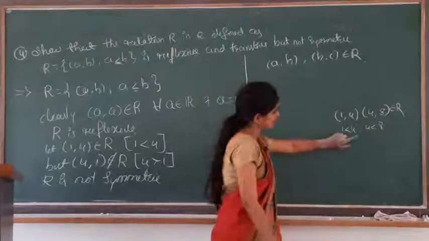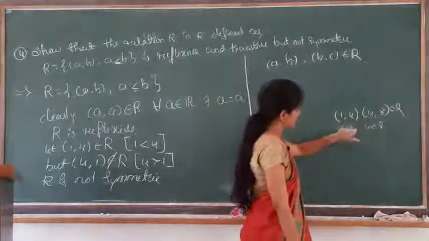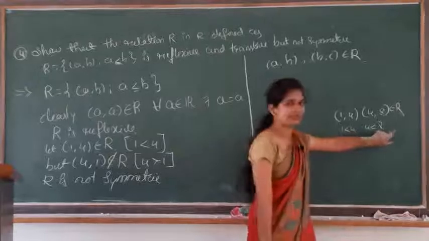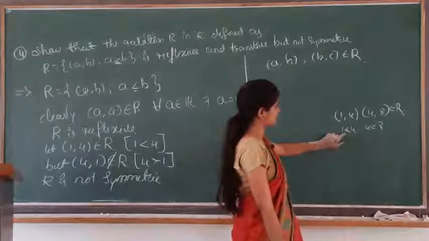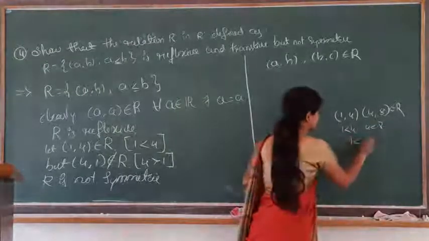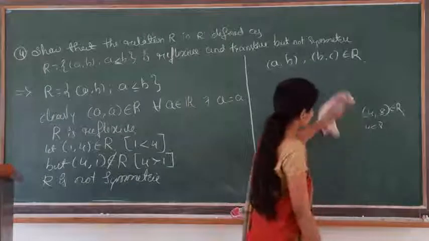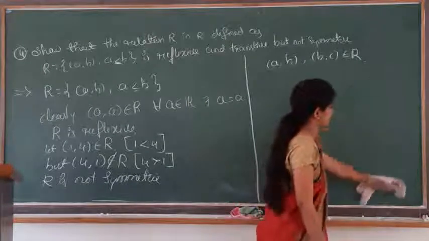The first element is less than the second element, and the second element is less than 8, so obviously 1 is always less than 8. That's why the given relation is transitive.